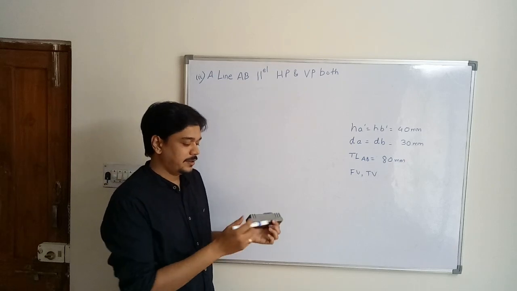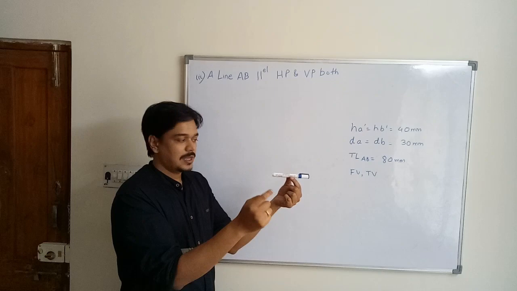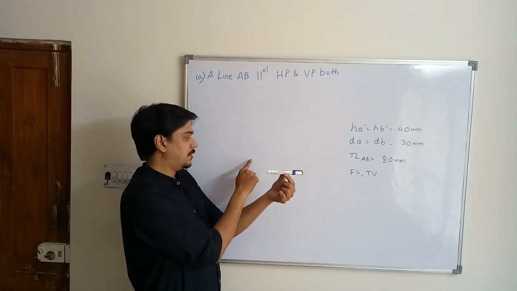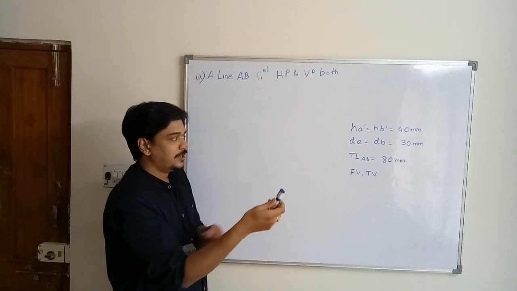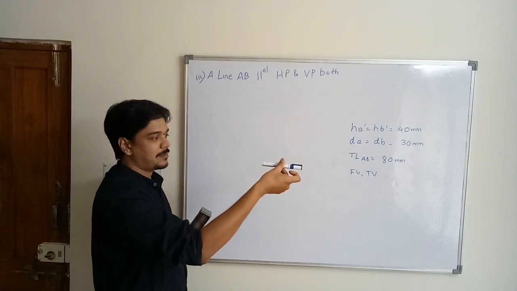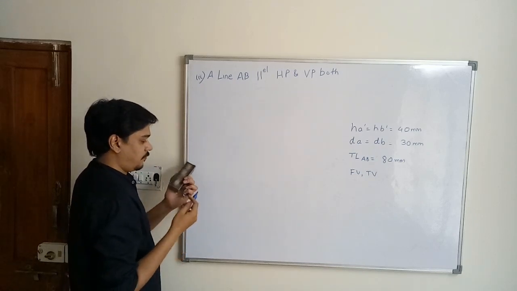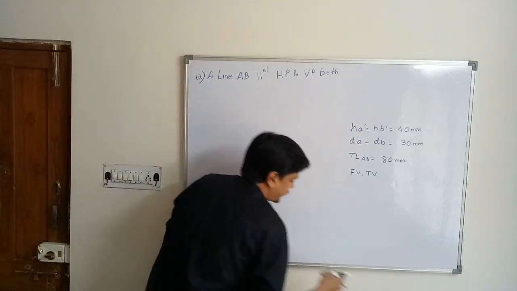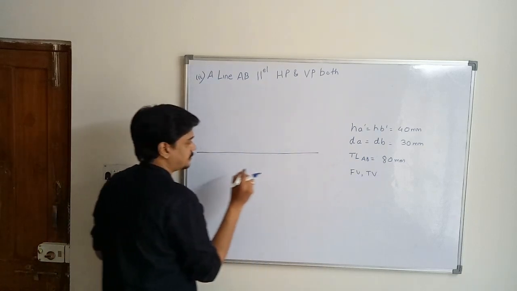So if you imagine, it is like this. If you observe from the front direction, this point will be focused over here and this point will be focused over here. So ultimately what you will get is the same 80 mm length in the front view. First we will draw the reference line. You always have to draw the reference line first.